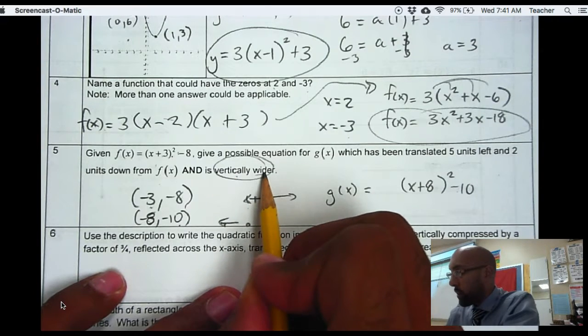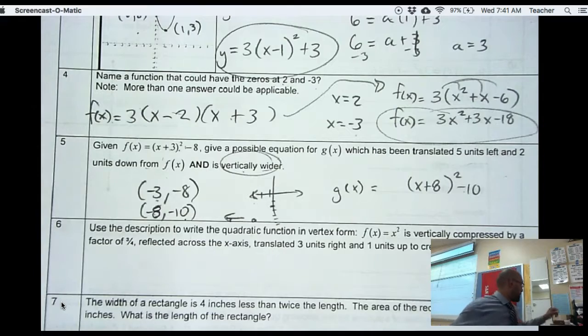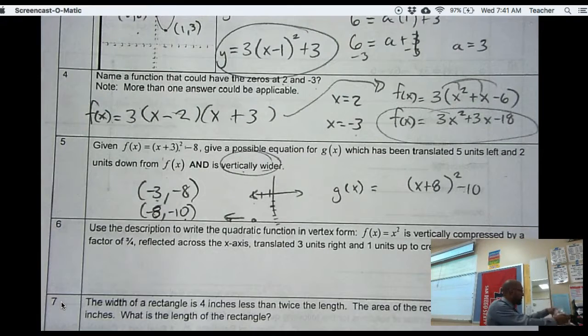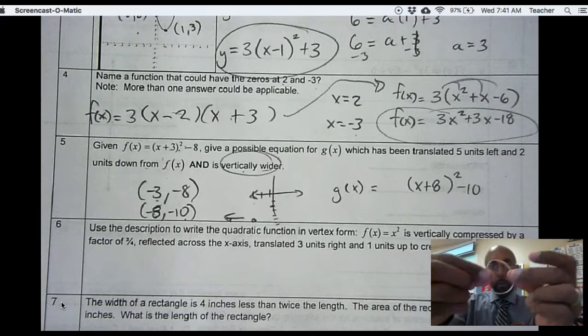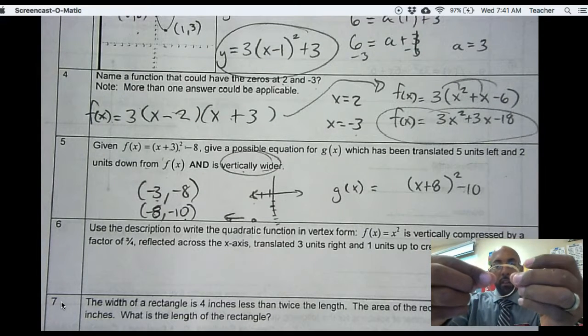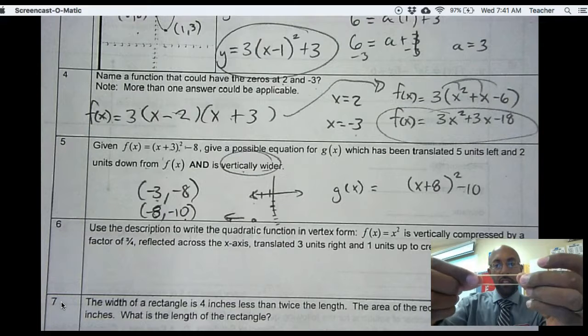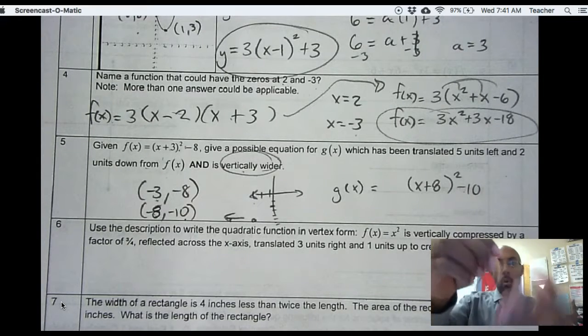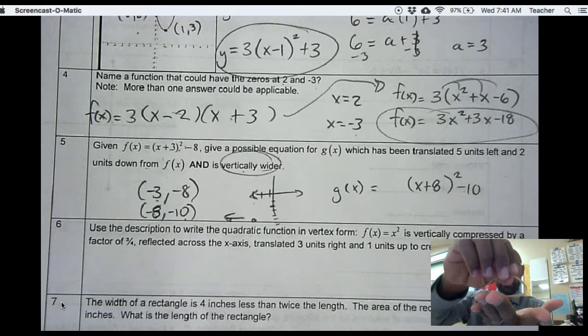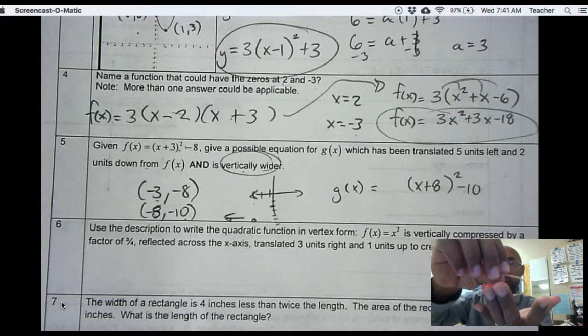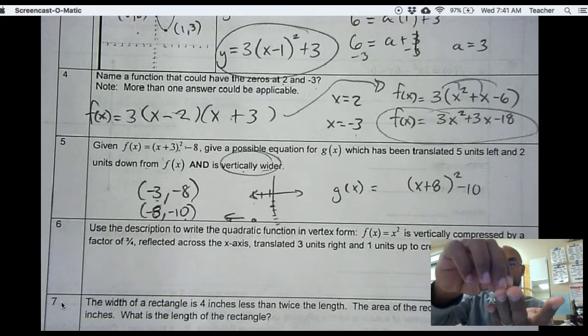Vertically wider. So let's think about a rubber band. Pull out a rubber band over here. Vertically wider, right? So let's start with my rubber band like this. Wider means I'm stretching it this way. Or I'm squishing it from top to bottom, compressing it, right? How do we get a vertical compression?